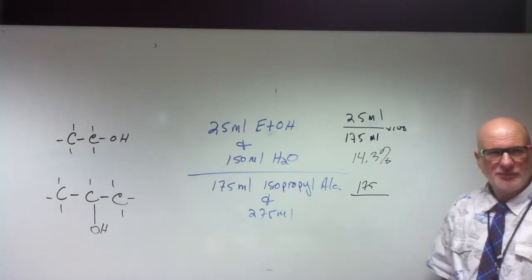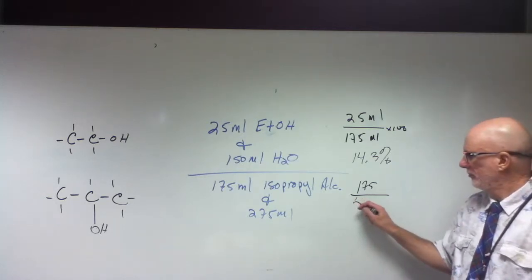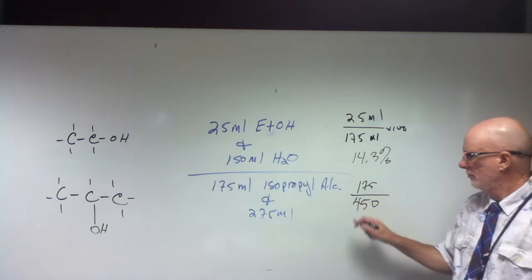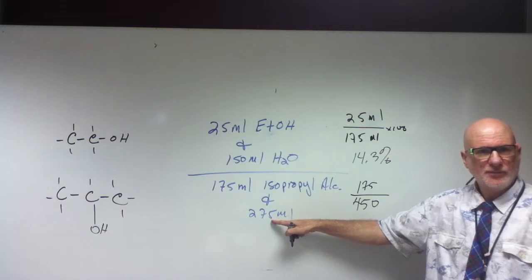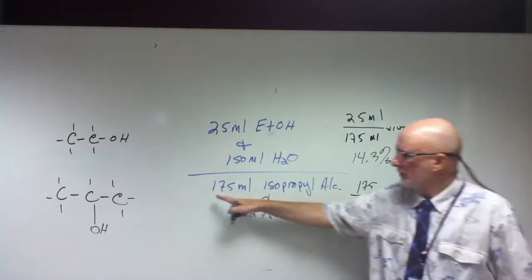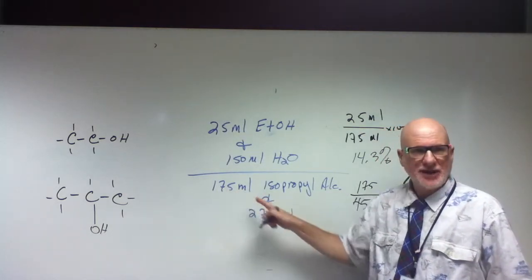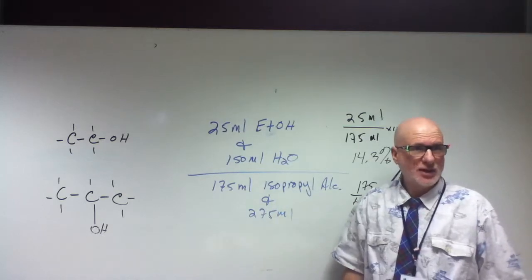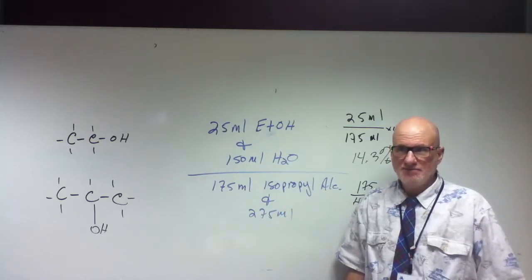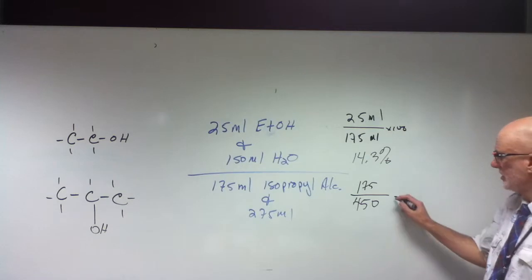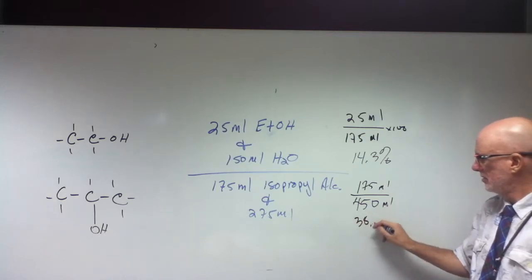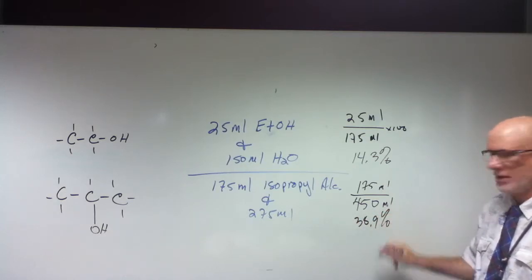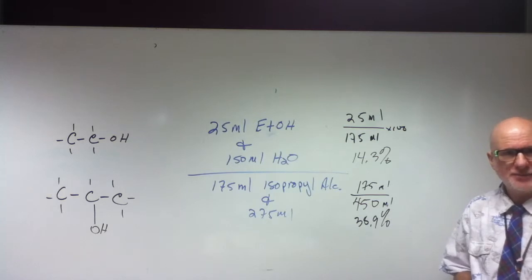Yeah, 450? 175 divided by 275. 1 plus 2 is 3, and then 75 and 75 is 150. 3 and 150, right? 38.9. 38.9% by volume. Correct? Are we all right with that? Yes or no?